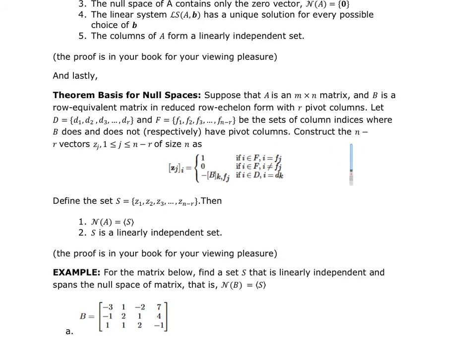We construct the n minus r vectors, remember like we were doing before, z1, z2. Then the null space becomes the spanning set, and that set is linearly independent.